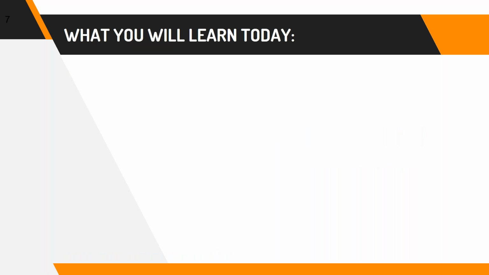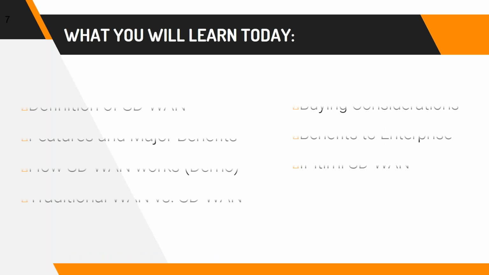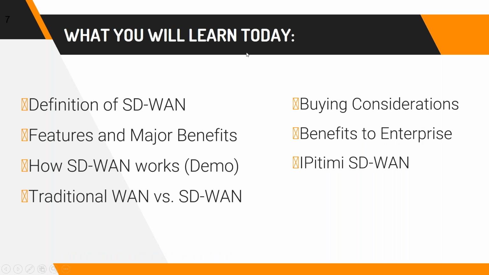Let's talk about what we're going to learn today. We're going to talk about the definition of SD-WAN, the features and major benefits of SD-WAN, and how SD-WAN works. Abundio is going to give us a quick demo. We're going to compare traditional WAN versus SD-WAN and what the differences are.